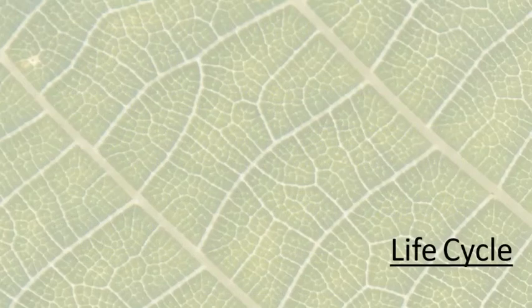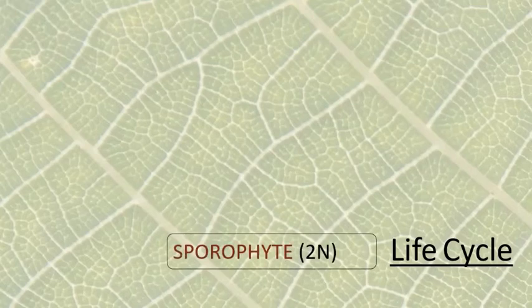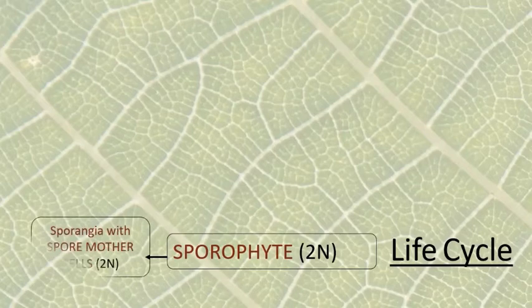Now let's review the life cycle of pteridophytes. Since here the main plant body is sporophyte, let's start the study with the sporophyte. This is the diploid phase, 2N phase. This sporophyte reproduces through formation of spores. So spores are formed in sporangia. These sporangia have special cells known as spore mother cells.